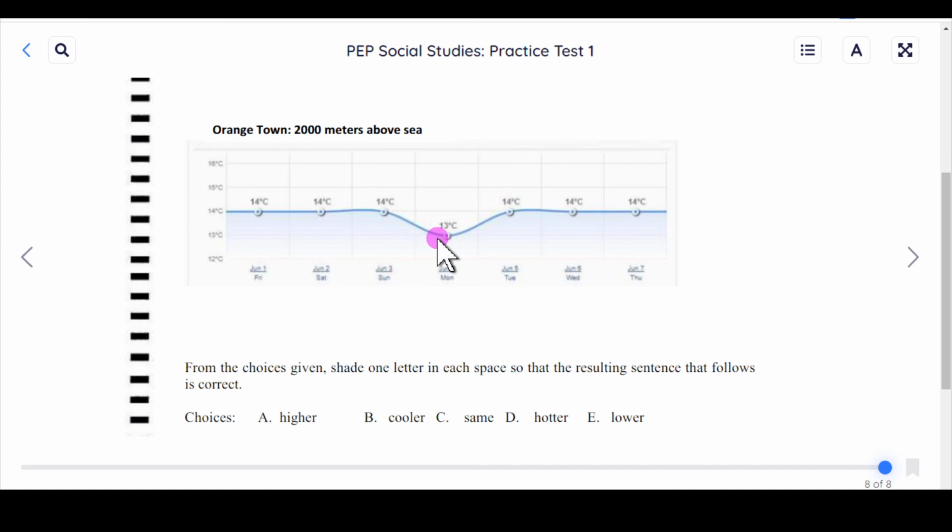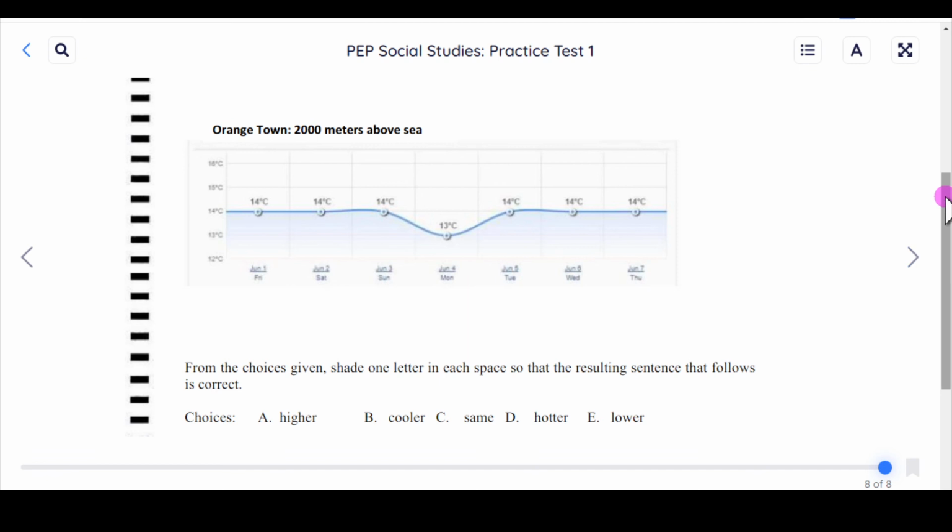All right, let's think about this. The Blue Mountains are going to be cooler than Kingston, because Kingston is lower than the Blue Mountains, and the higher up you go, the cooler it gets.